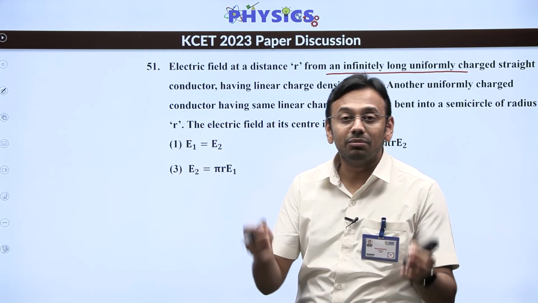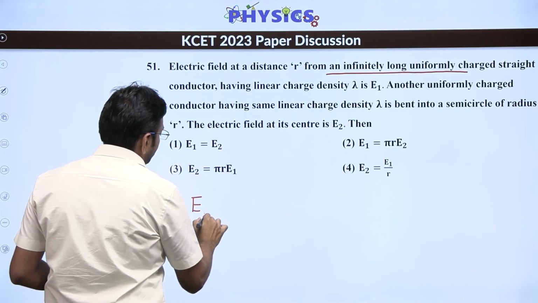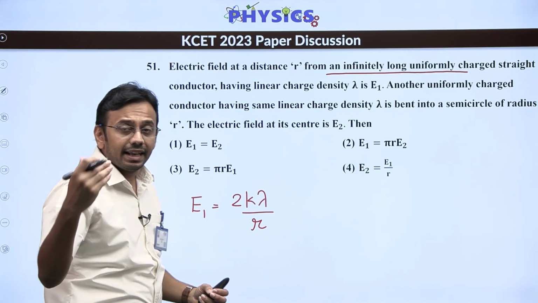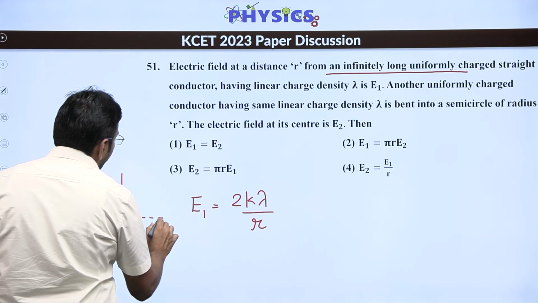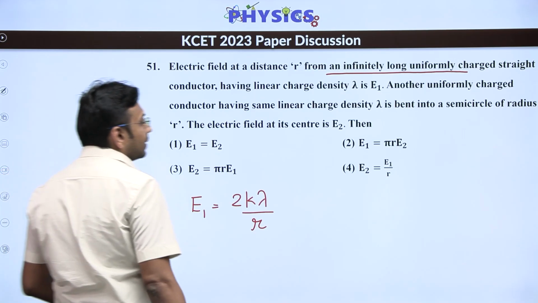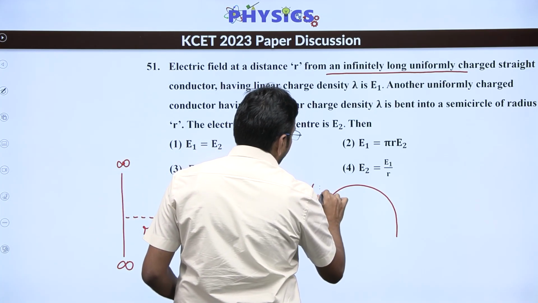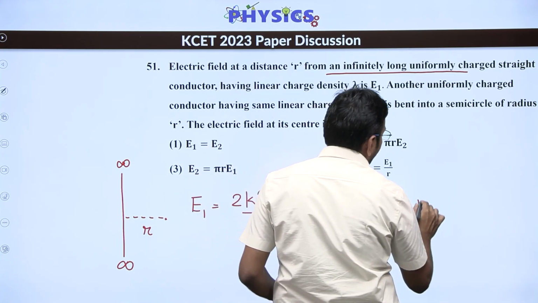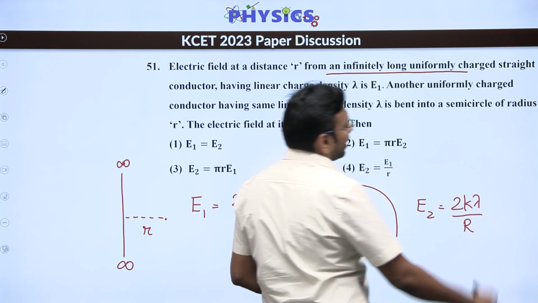We must remember their electric field, we should know the final result. E1 is 2k lambda by r, or you can write it as lambda upon 2 pi epsilon naught r. This is the case of infinite line charge, and the point is at a distance r from it. This wire goes to infinity on both sides, whereas the other case is a semicircular conductor having charge density lambda, and at the center of this, if we calculate the electric field, that also comes out to be 2k lambda by r.